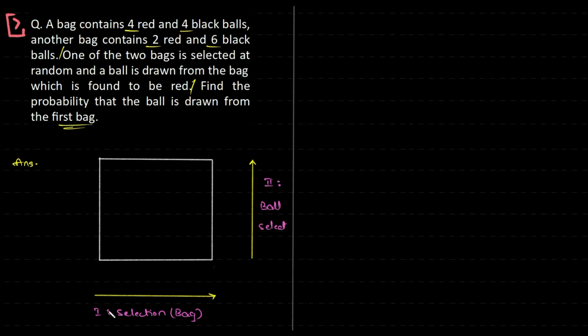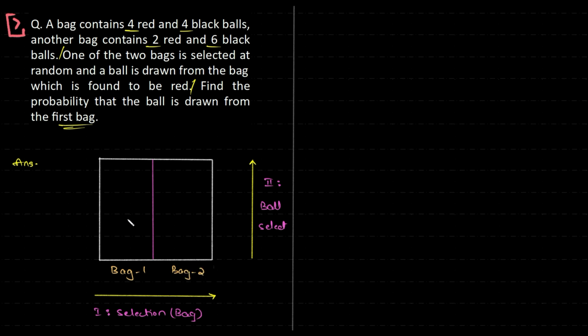So selecting the bag, what are the chances? There are 50-50 chances. There are 2 of it, either this or that. They are equally favored. So we have bag number 1. This is bag number 2.